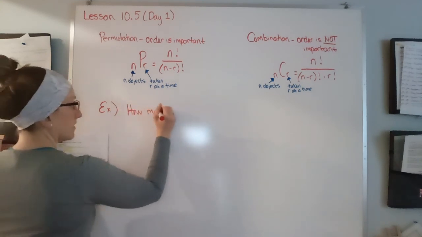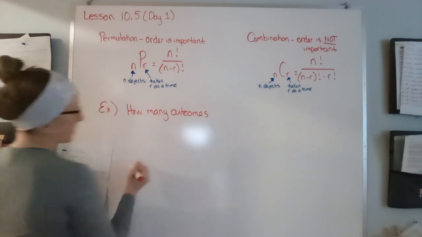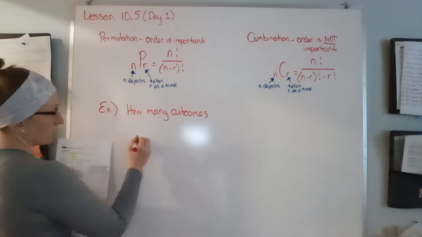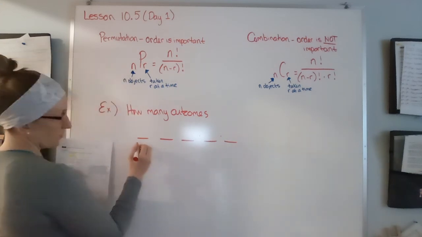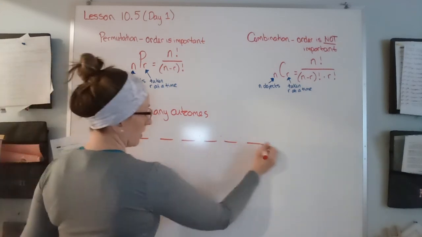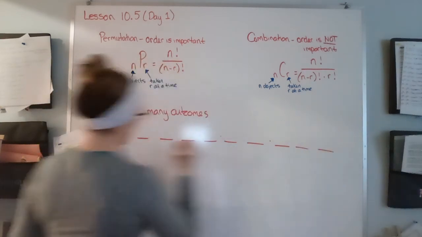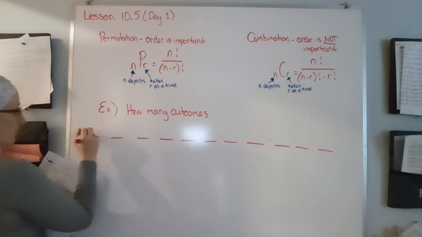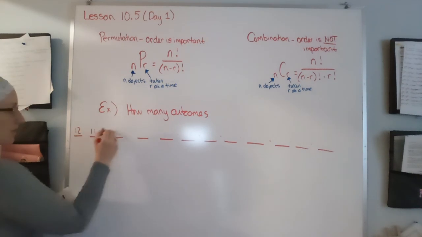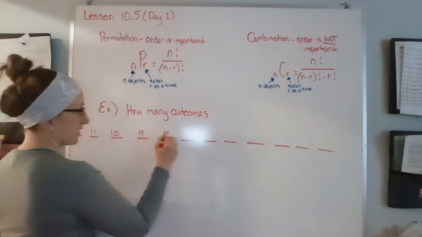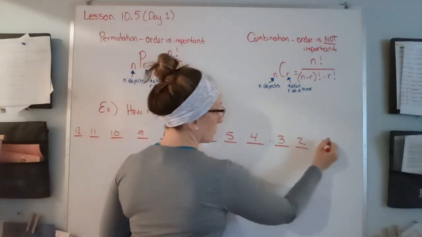So for this example, how many outcomes? Okay, so if there are 12 floats, right, we can use the counting principle for this. So this is the first float's going to go second all the way down to 12. So 1, 2, 3, 4, 5, 6, 7, 8, 9, 10, 11, 12. 12 different floats to choose for the first spot in the parade, then 11, then 10, then 9, then 8, then 7, 6, 5, 4, 3, 2, 1.